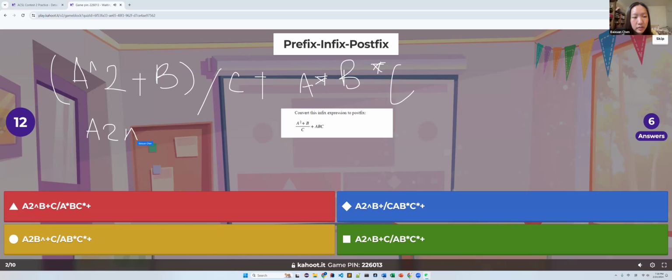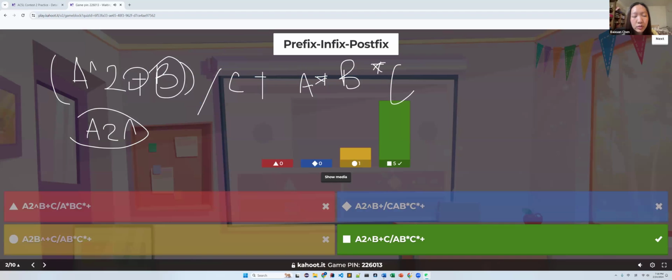And then we're adding b, so that's the next operand, so it'll turn into a 2 caret b plus.